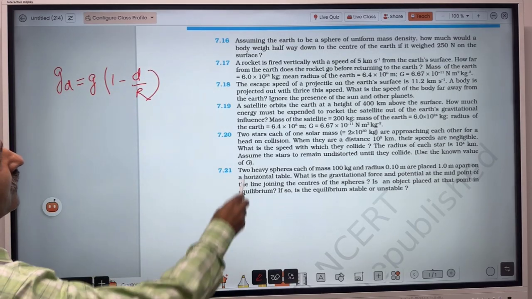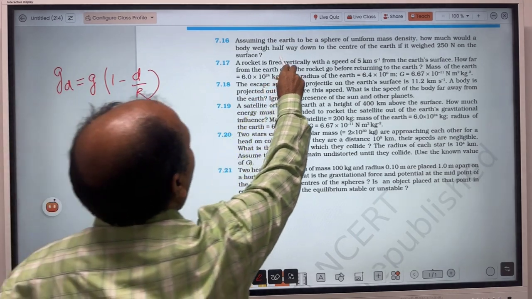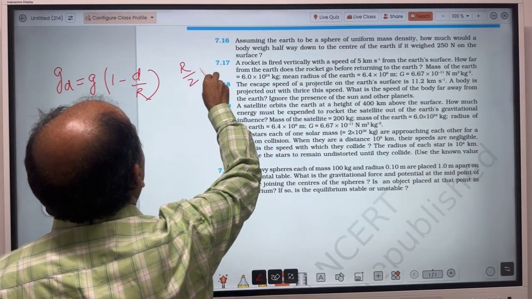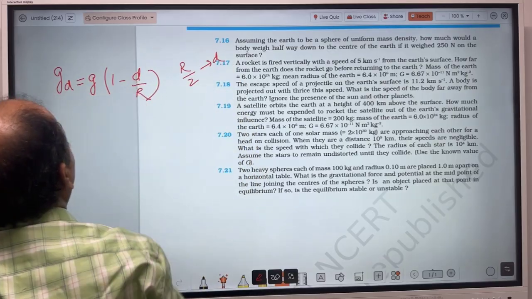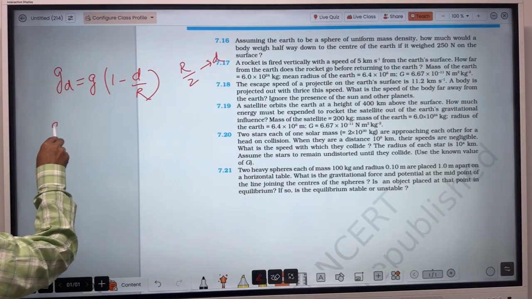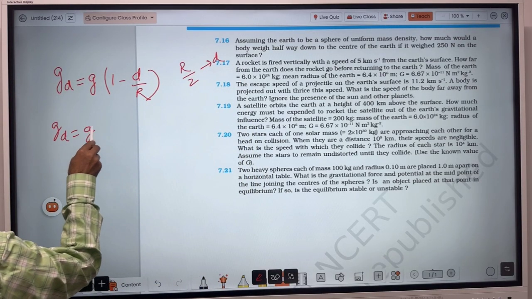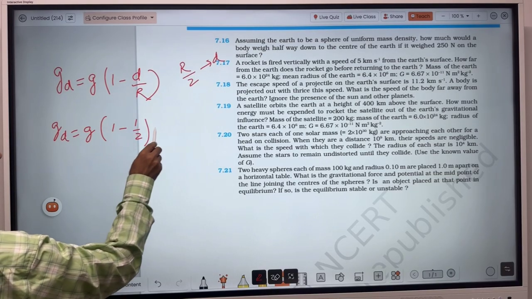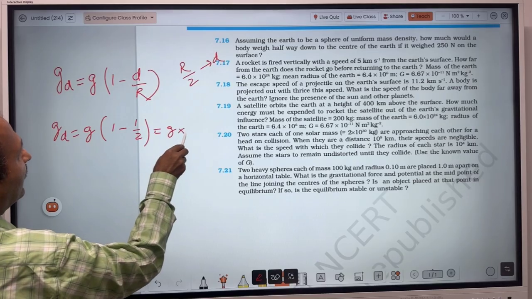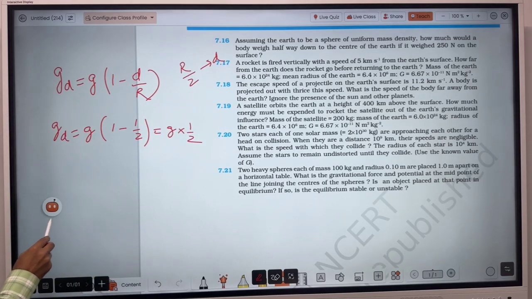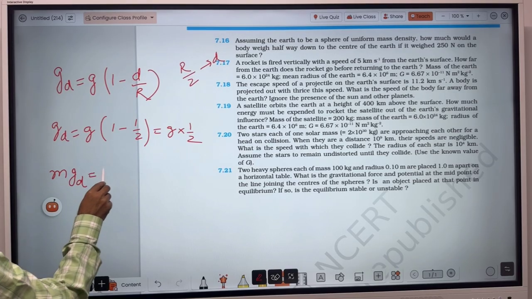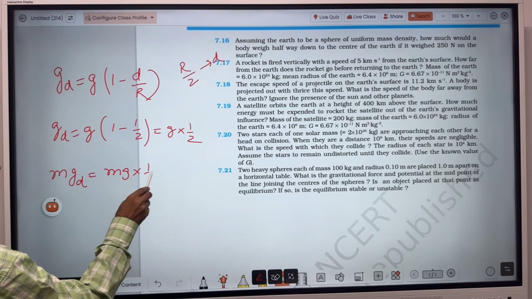Here they are saying halfway down, so take R by 2 as d. Then g_d will be equal to g times 1 minus 1 by 2, that is g into 1 by 2. If you convert it into weight, multiply by m: mg_d is equal to mg into half.